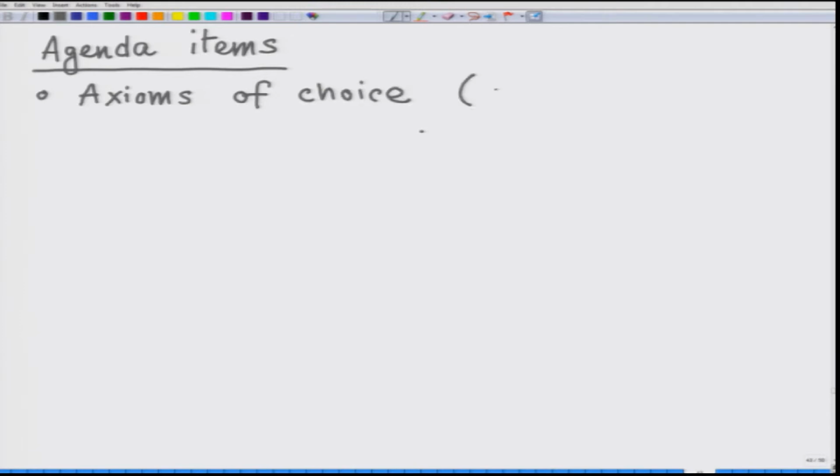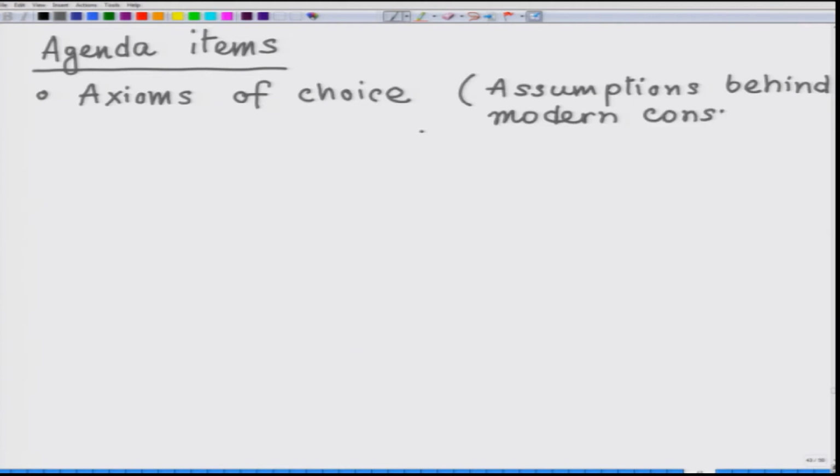These are basically assumptions behind modern consumer theory.